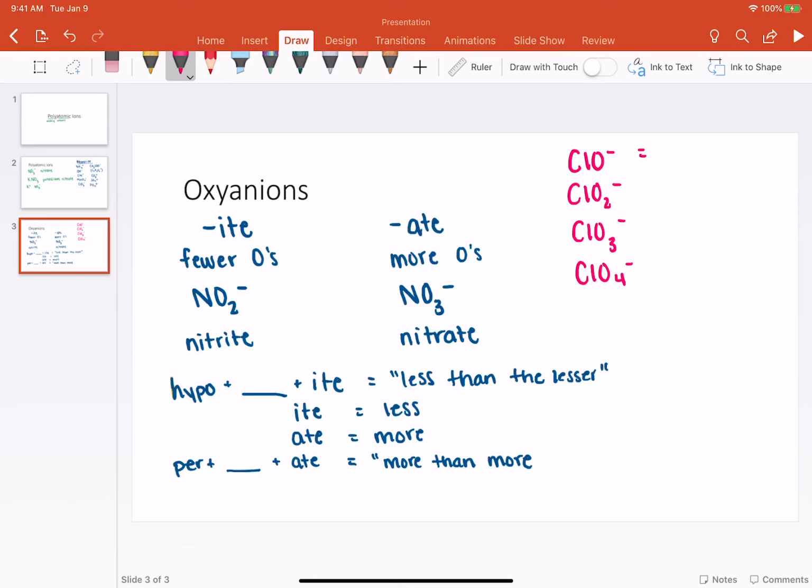So if we use our naming conventions, then that is going to be hypo, chlor, remember that's our base for chlorine, ite, and then we just have chlorite, and then chlorate, and perchlorate.